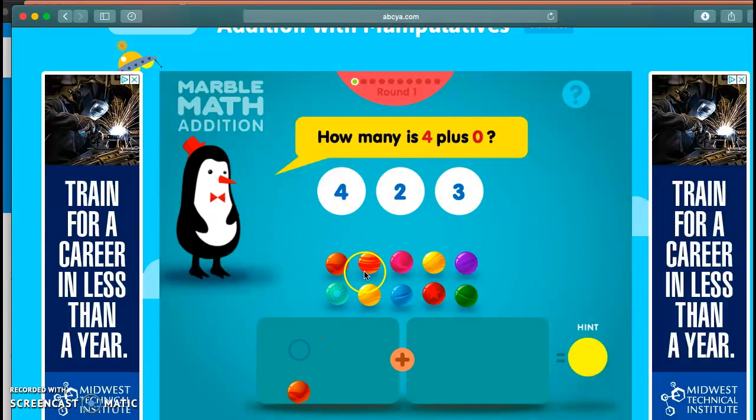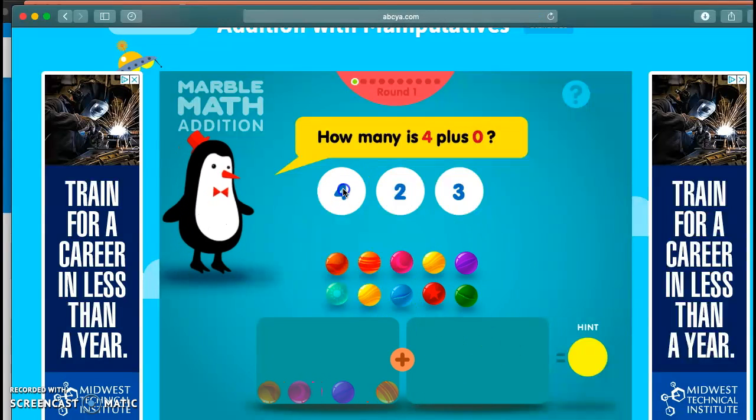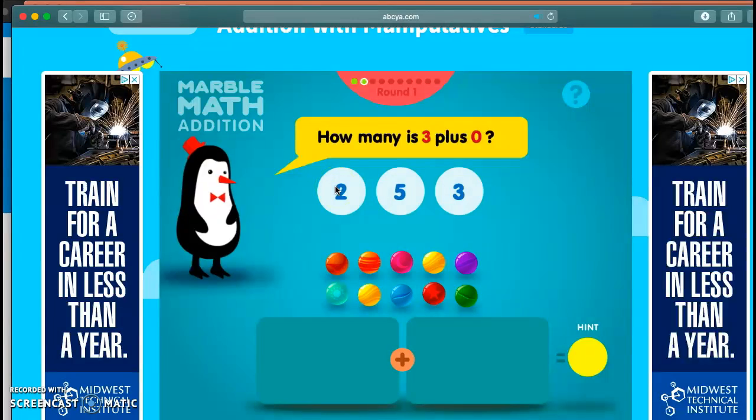They have the manipulatives, so they can go 1, 2, 3, 4, plus 0, and then they click 4, and that's the answer. It'll keep spitting out the different questions for the students to do. They can put the manipulatives in the boxes to help show 1, 2, 3 plus 0 equals 3.